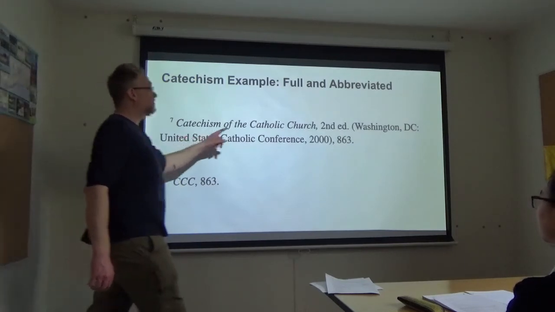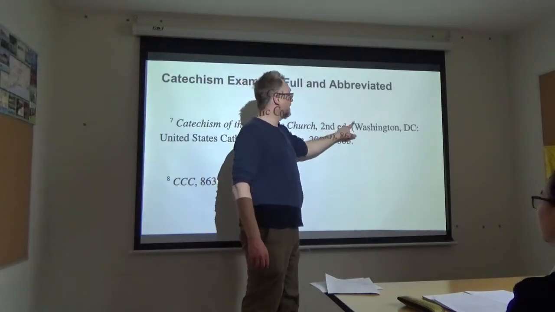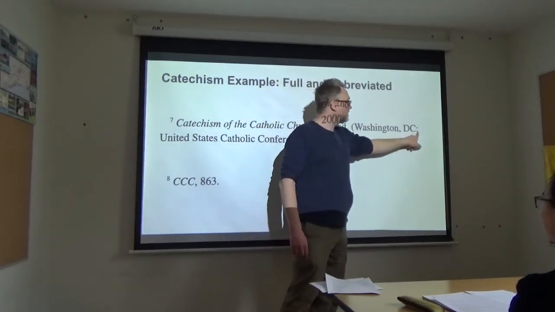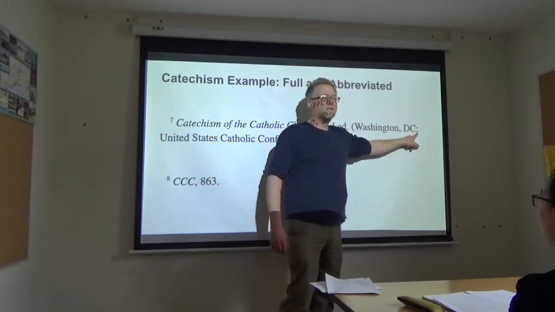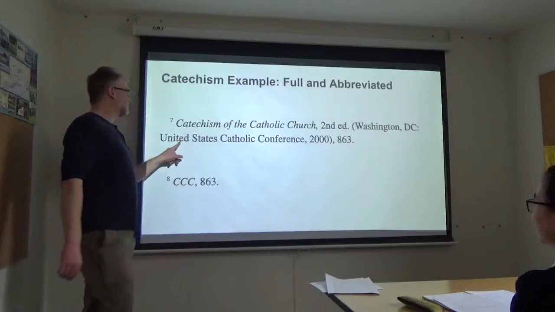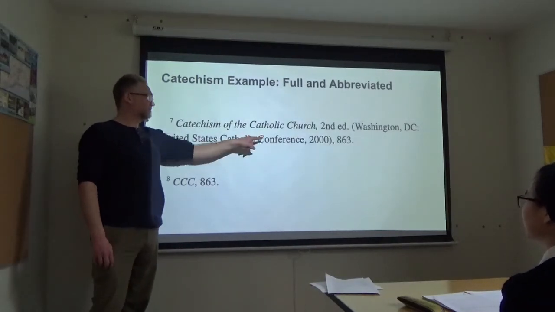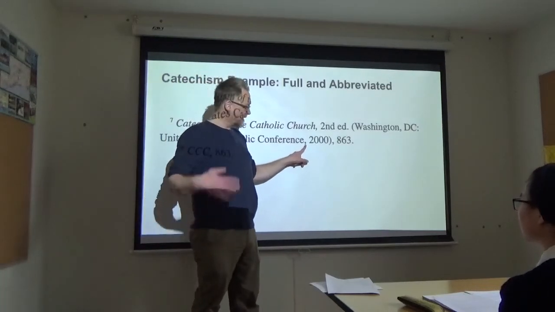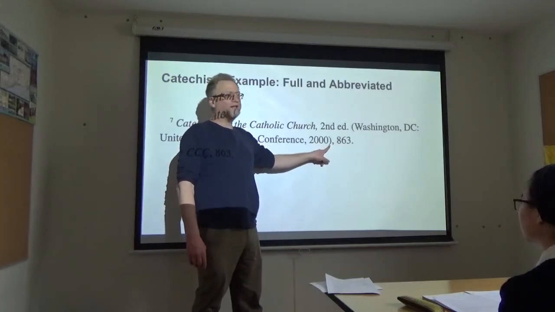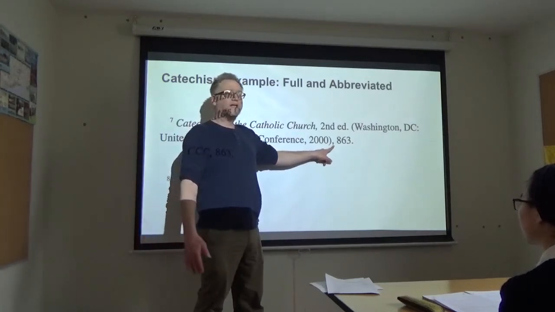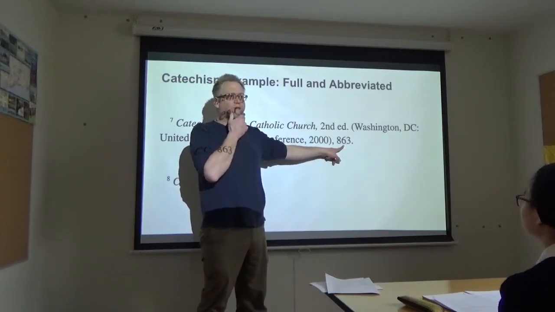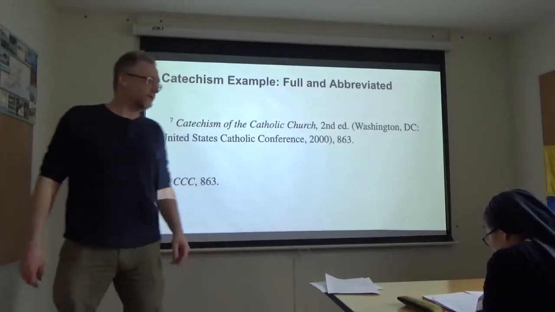So second edition, period, and then open parenthesis, the city of the conference, then a colon, a space, then the name of the conference, comma, space, and year of the conference, then close parenthesis, comma, space, and section number, and period.